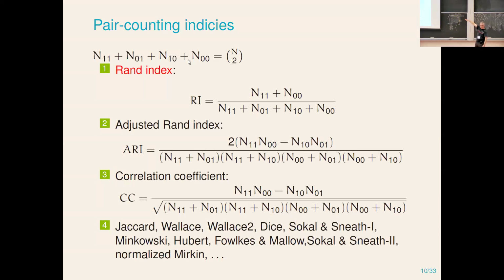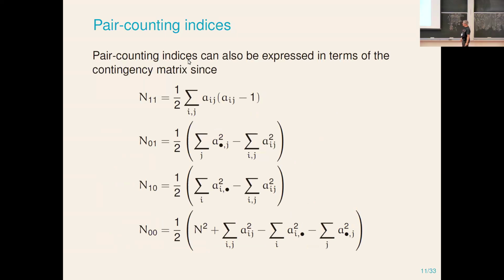This is the Rand index in the world of clusterings. Rand index is like the Jaccard index. This correlation coefficient is like the cosine distance for sets. And then I have given a few more names in this long list of similarity measures that exist. And all those are pair counting indices.